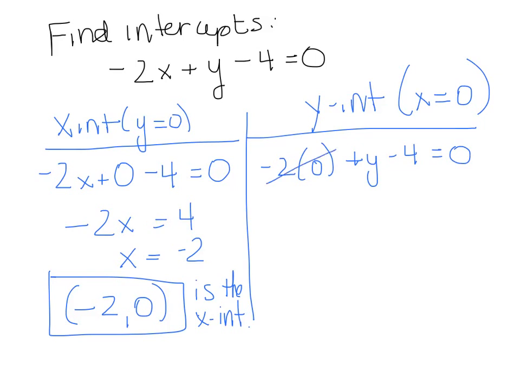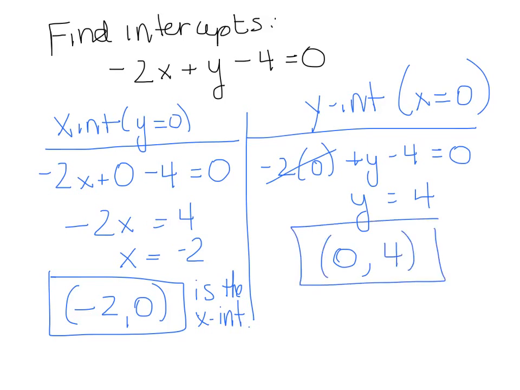Of course, that's just 0, so I have y is equal to 4. Okay, and again, I need it in an ordered pair. So 0 for x, right, because that's how we started, (0, 4) is the y-intercept. Okay, they must have their own separate ordered pair. They're two different points. They each have an ordered pair. Done.